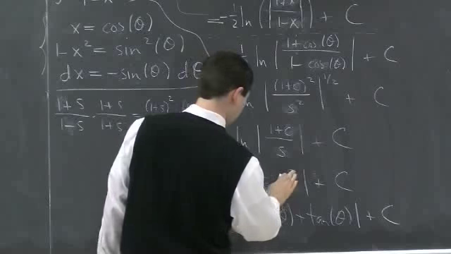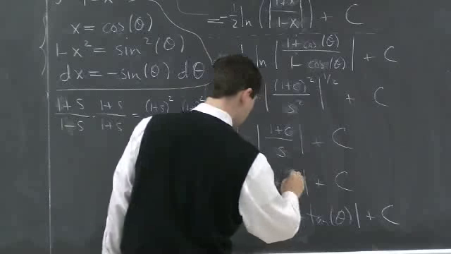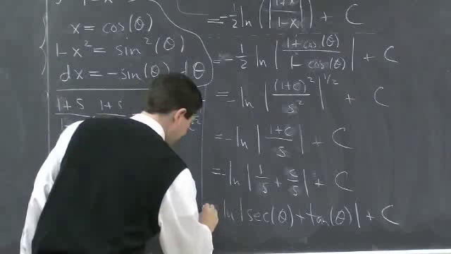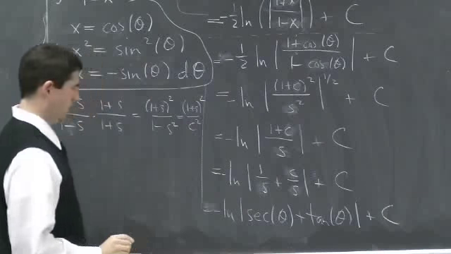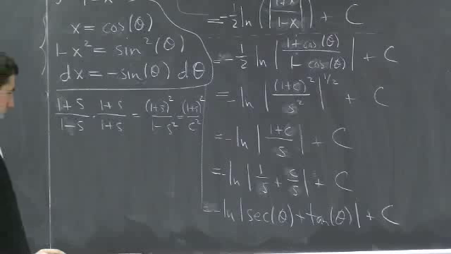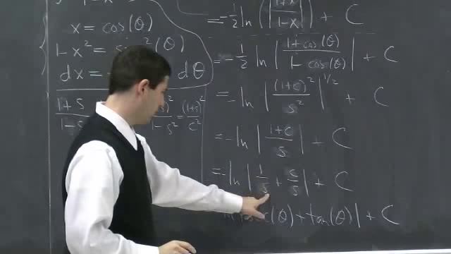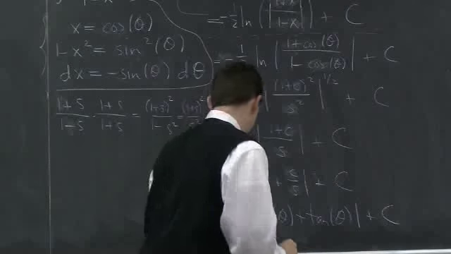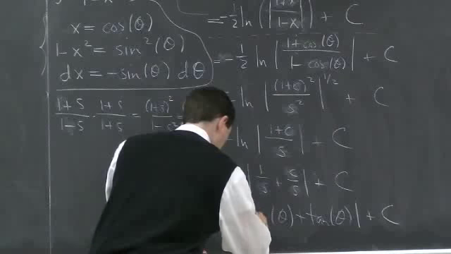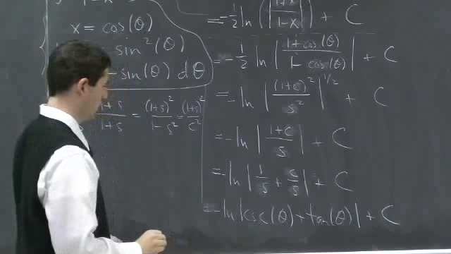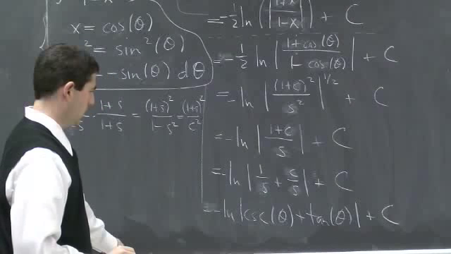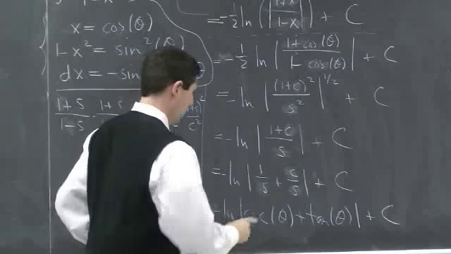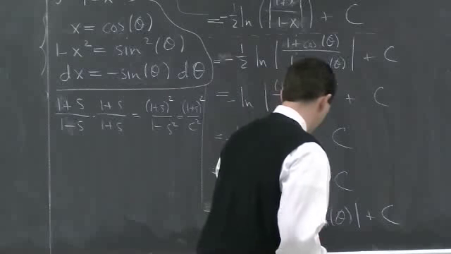So, okay, we can break that up. And so at the very end, I get 1 over sine, which is cosecant. And I get cosine over sine, which is cotangent.